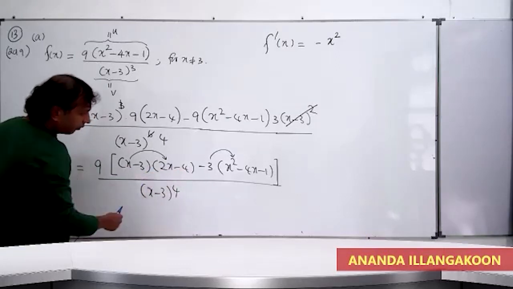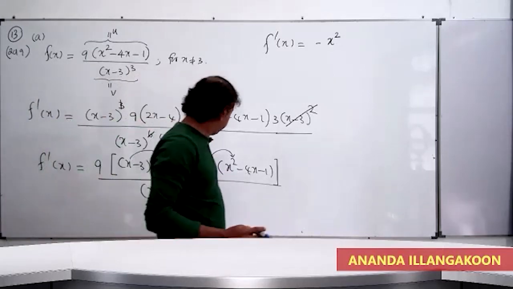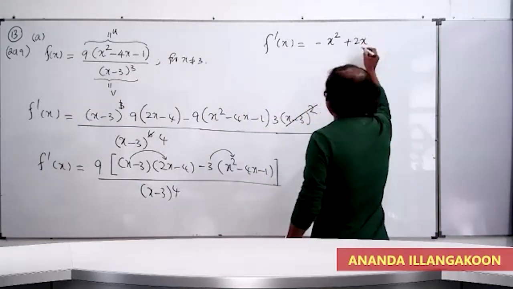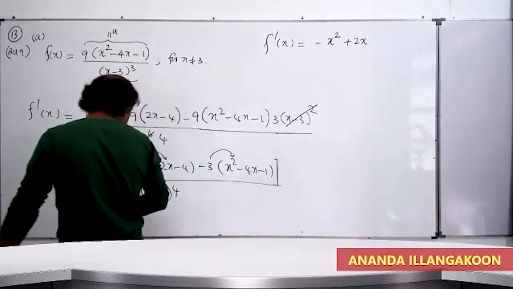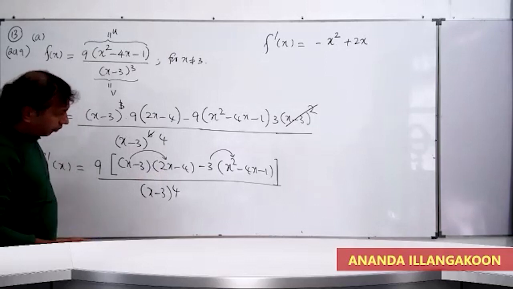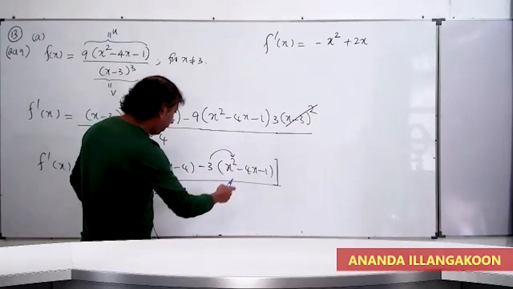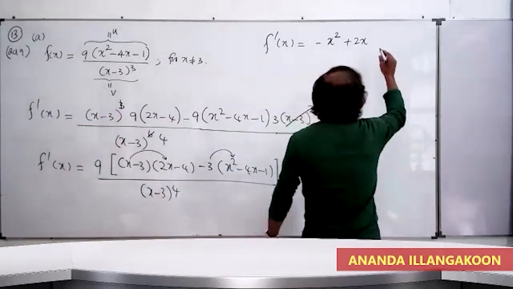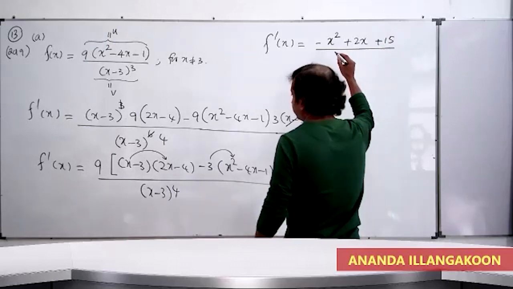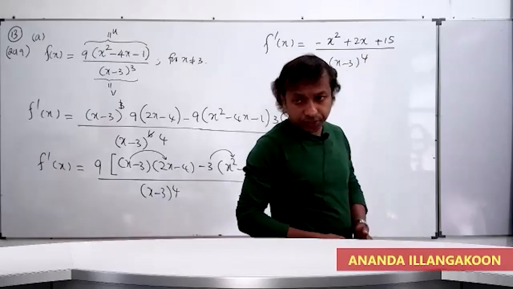Here we get minus 10x. Here we get plus 12x. Then we get plus 2x. Correct, no? Minus 4x, minus 6x, minus 10x, and plus 12x, plus 2x. Then here we get 12, and here 3, 15. (x minus 3) to the power 4. Right? We get like this.